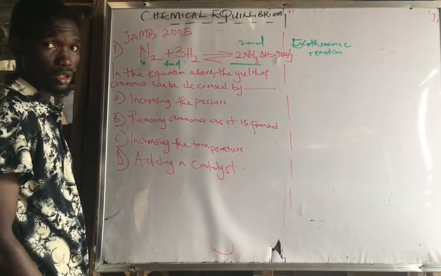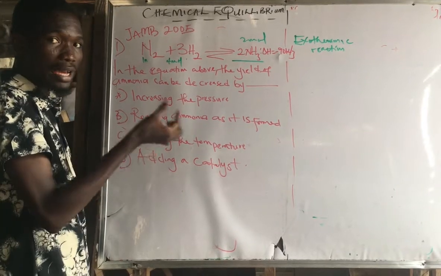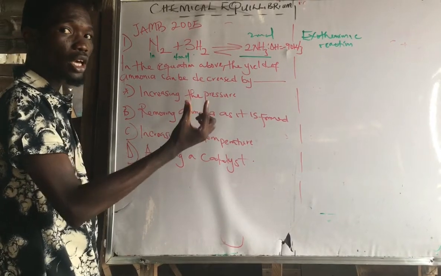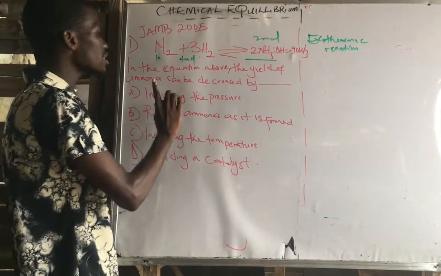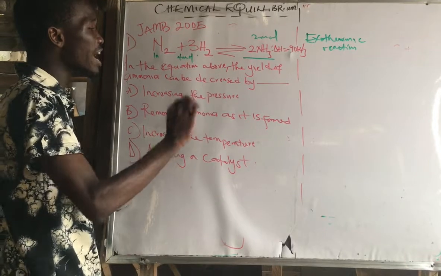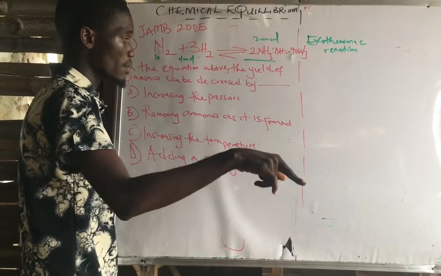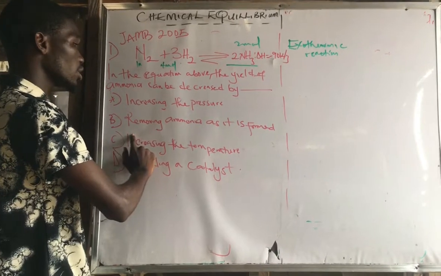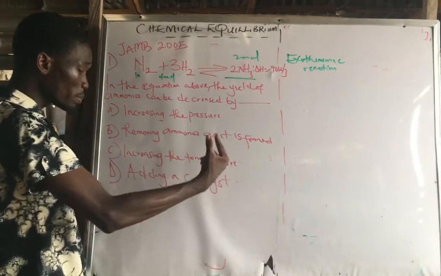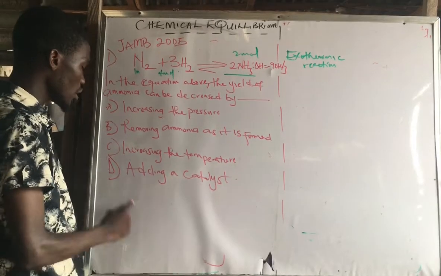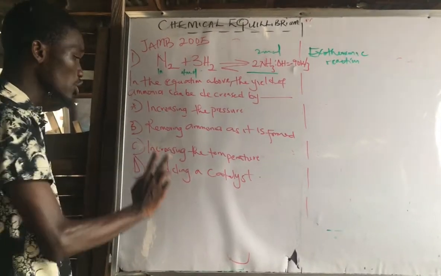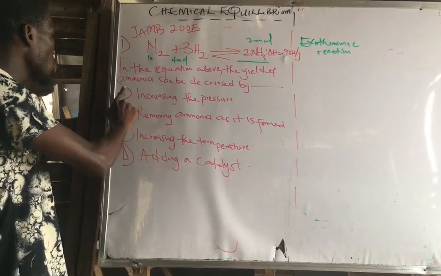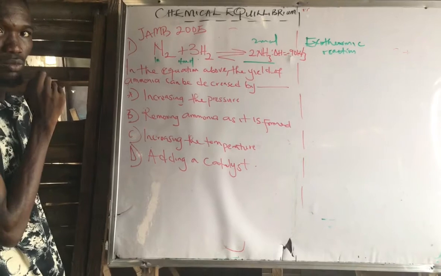Don't forget that I said the one with fewer moles of volume gives rise to increase in pressure. And it states in the question that the yield of ammonia can be decreased by A, increasing the pressure, removing ammonia as it is formed, increasing the temperature, adding the catalyst. D is not there, B is not there. So my answer is between A and C.